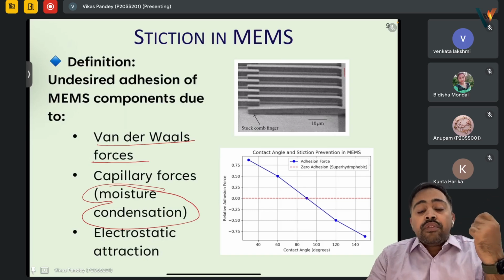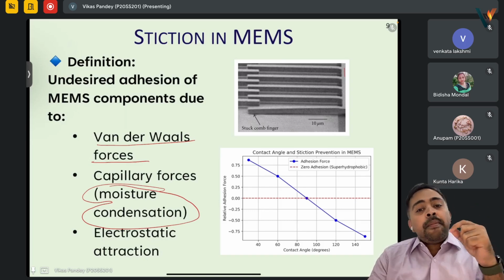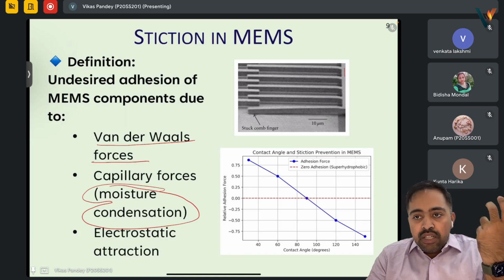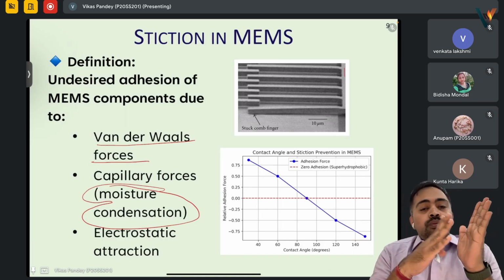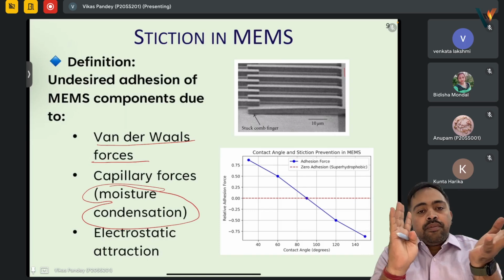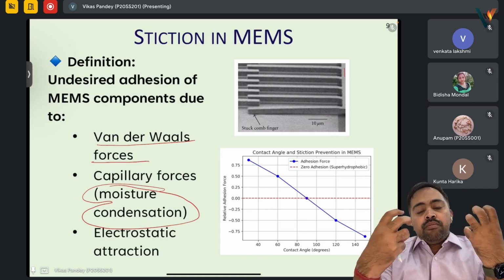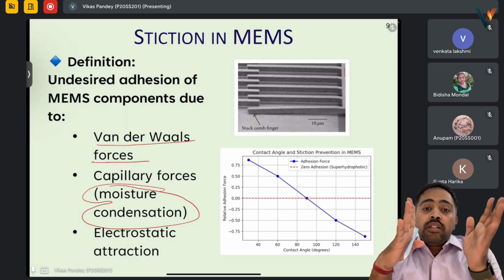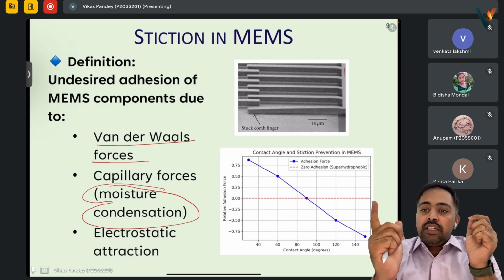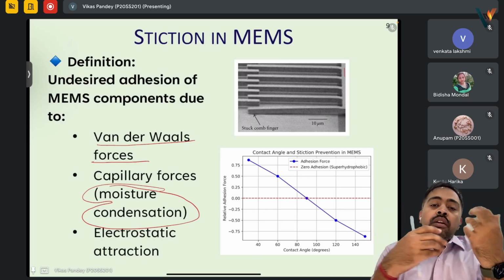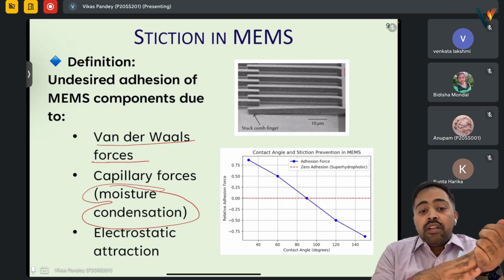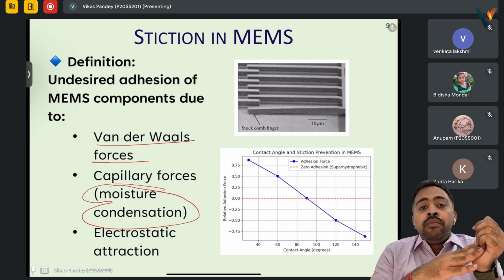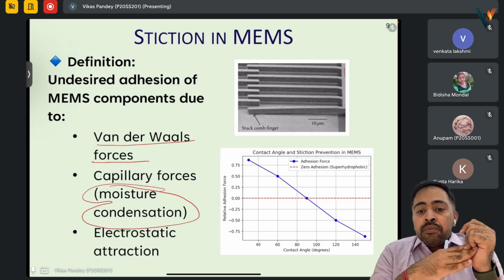And then third is electrostatic attraction. Since we are putting some electrostatic field, two different parts working for different purposes, but the field that is generated in one actuator might affect the other one, and that can lead again to stiction in MEMS.